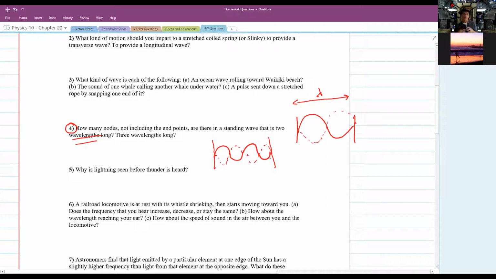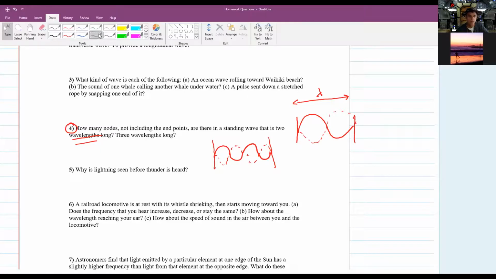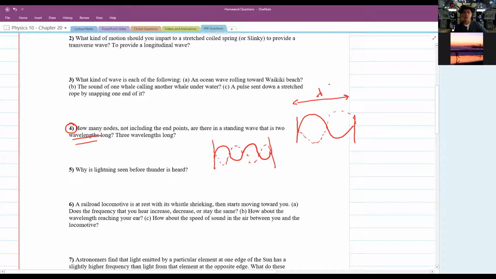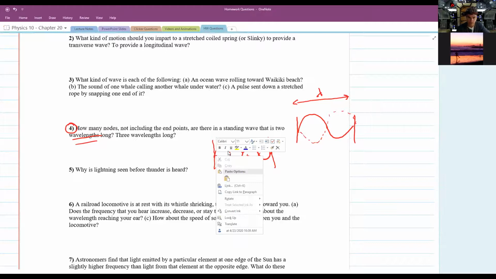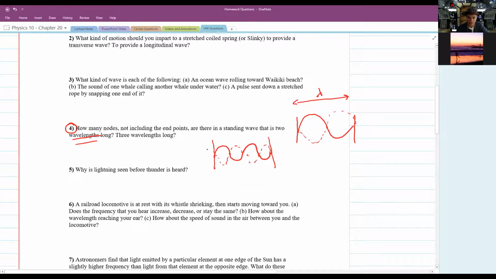Now, generally the endpoints are considered nodes. Well, they are, but this says not including the endpoints. A node is where I have no amplitude. Basically, it's where the string is not moving at all. So the nodes here are 1, 2, 3, 4, 5 nodes.